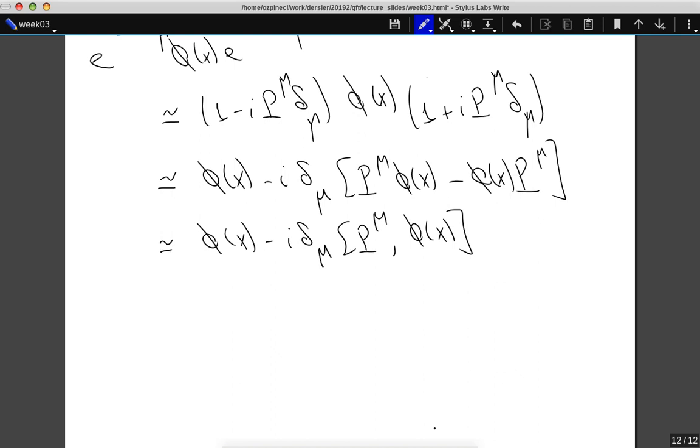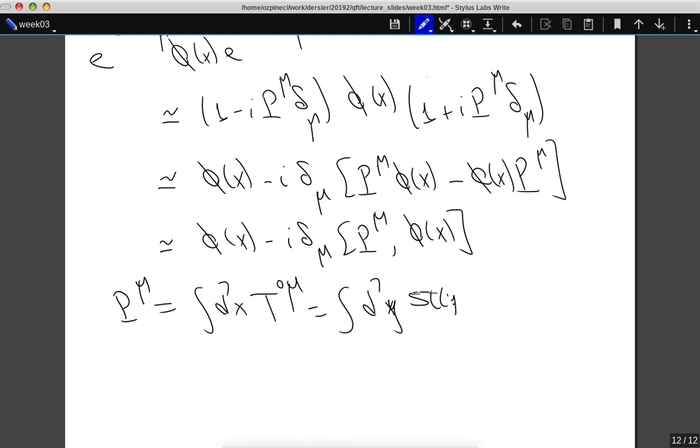Now, to calculate this commutator, if you like, we can just go ahead and use the expression of p of mu and put it over here and obtain the relation. But rather, let's just stick with what we know: p of mu was actually the integral of t0 mu, which was d cubed y, pi of y, del j of phi, let me use the j component only.